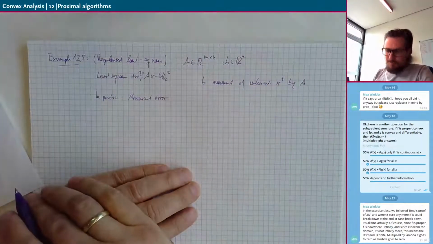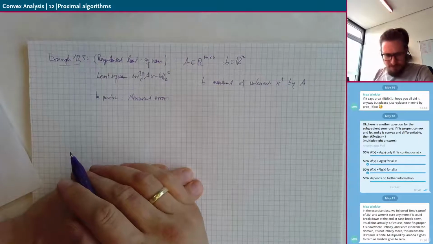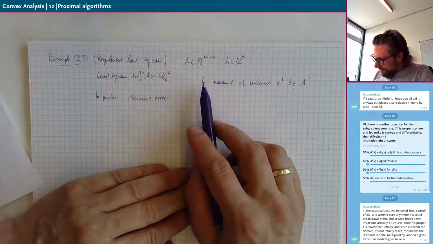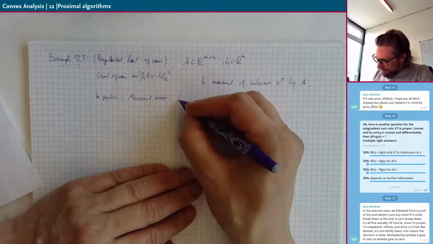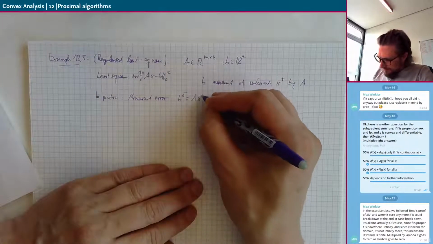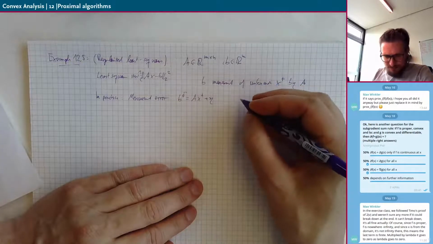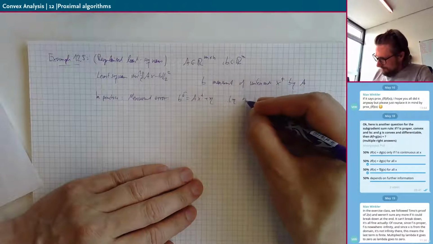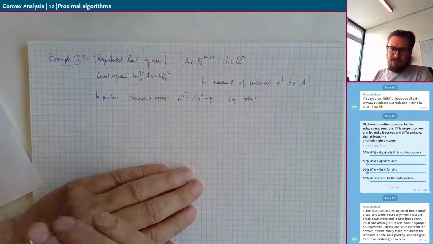So what you have is not b, but something which is often called b delta, which is actually A of x dagger plus some eta, and eta is noise. That's basically always the case.